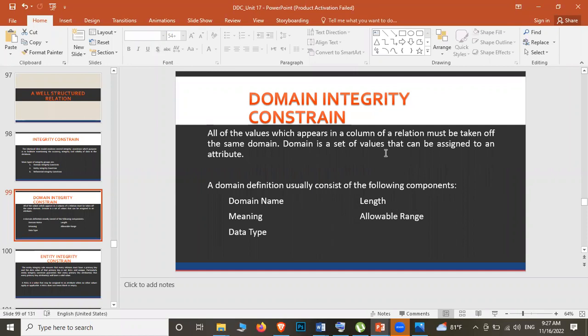For an address, what data type, and what length? We give a big length for an address, and a small length for a short name. Also the allowable range, how it should be allowed. And if it is a password, we have to hide the text, isn't it? Likewise, domain identification is what we give to an attribute.